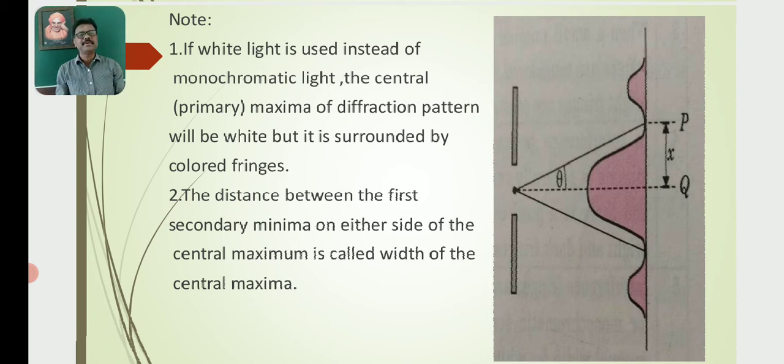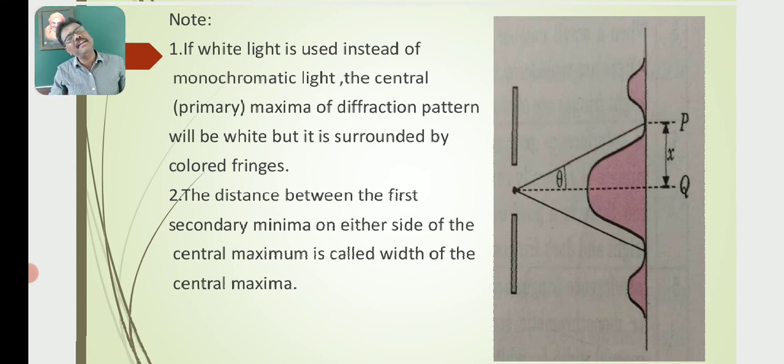The distance between the first secondary minima on either side of the central maximum is called the width of the central maxima. So now you see the diagram.